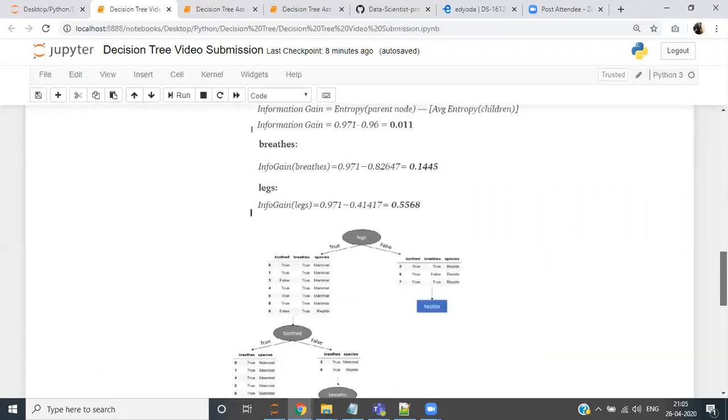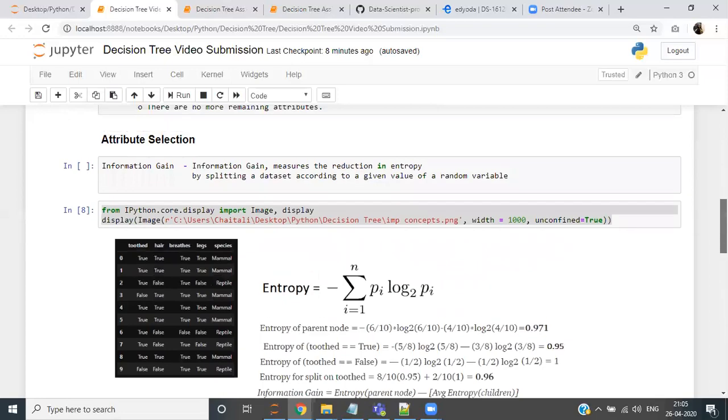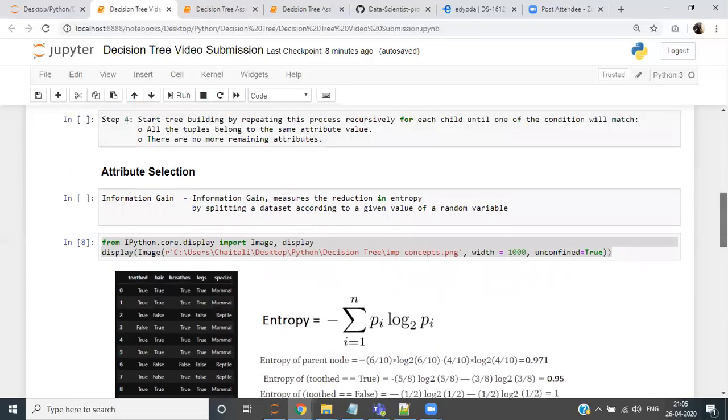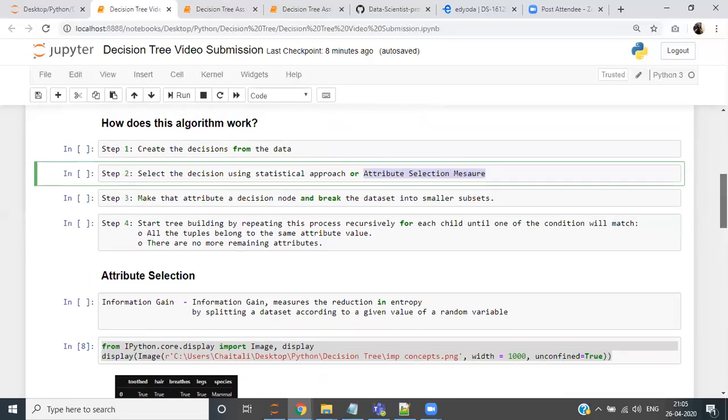So that is the first way of calculating the root. So we created the decisions first, that is whether the animal has teeth or not, hair or not, breathes or not, has legs or not.